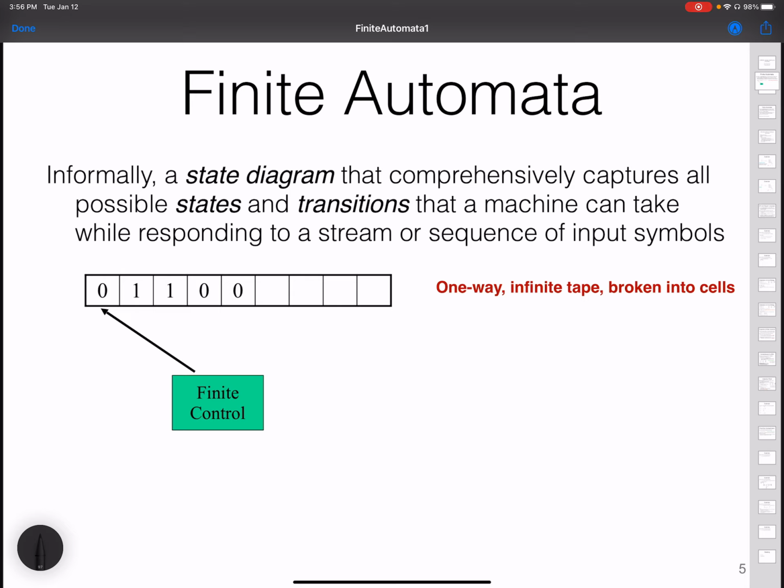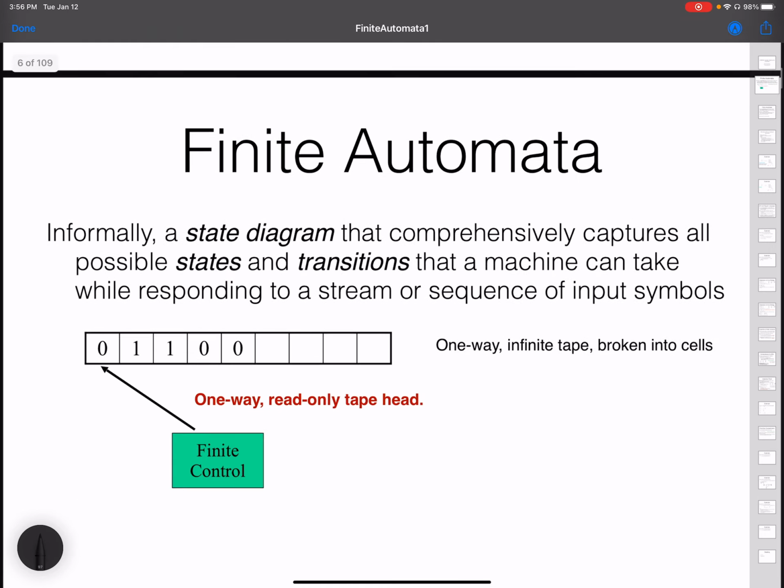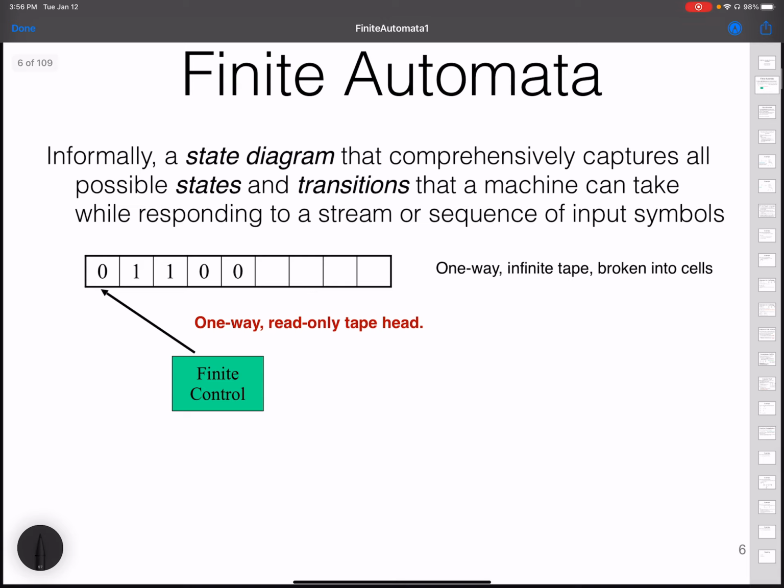It is important to know that the finite control can only read the input in one way, and it cannot write anything on the tape. It can just read from the tape. So your finite control is going to have all of the states.